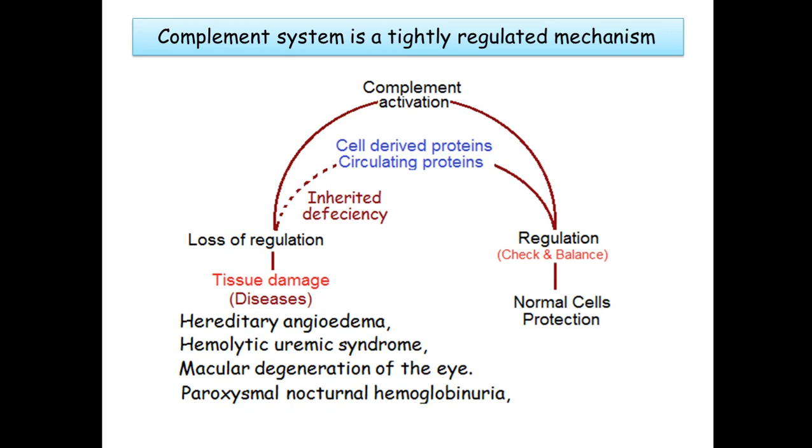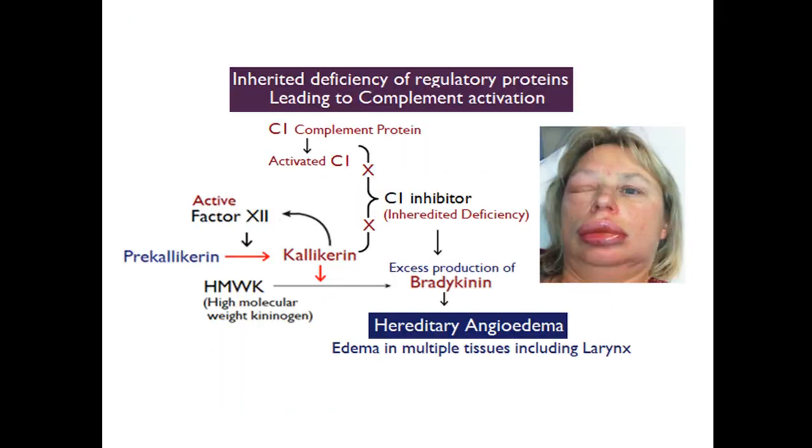The inappropriate activation of the complement system will result in diseases like hereditary angioedema, hemolytic uremic syndrome, macular degeneration of the eye, and paroxysmal nocturnal hemoglobinuria.